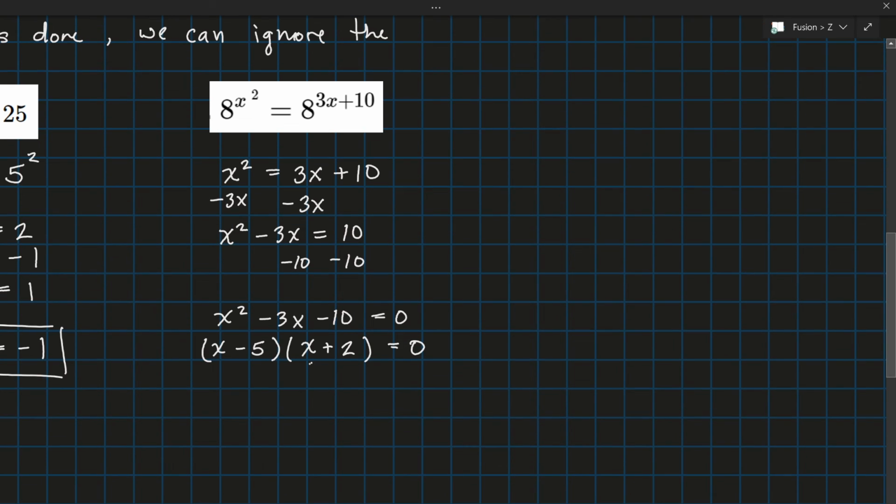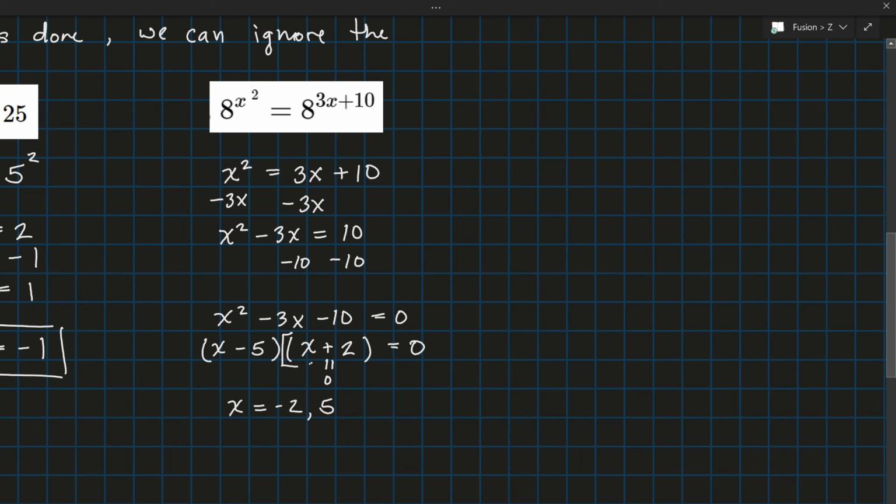-5 and +2. And the reason why this works, I don't know if they ever explain this to you, is that we'll say x equals -2 and 5 because, well, imagine if this one equals 0.